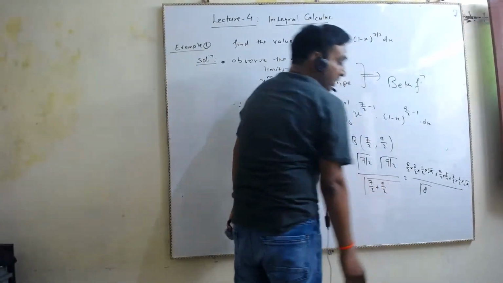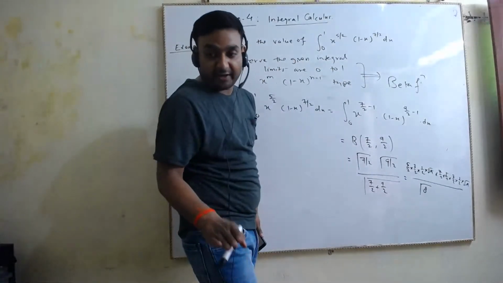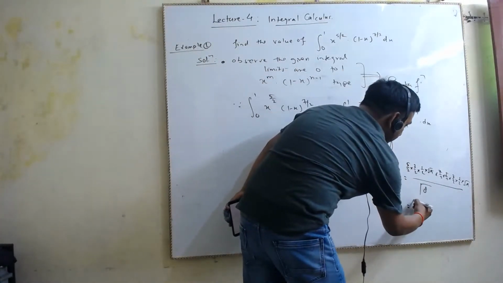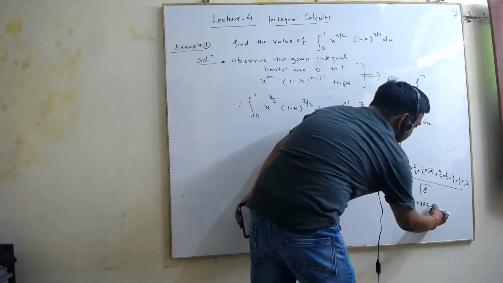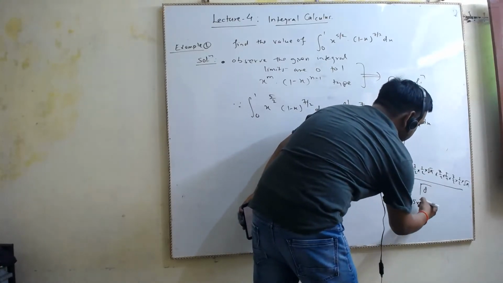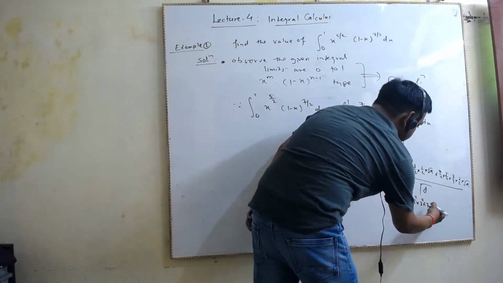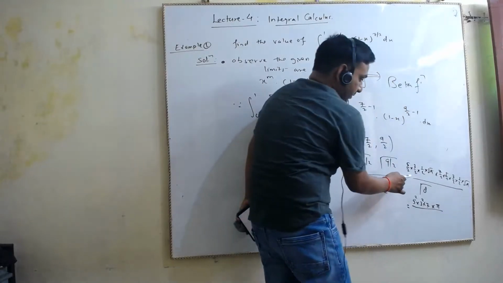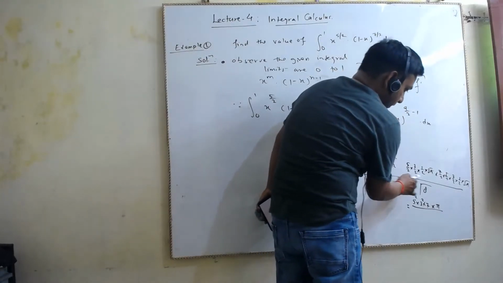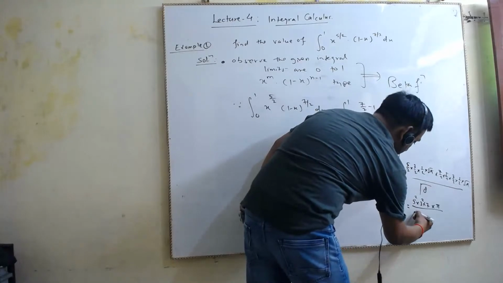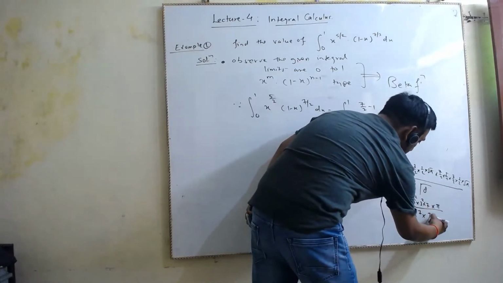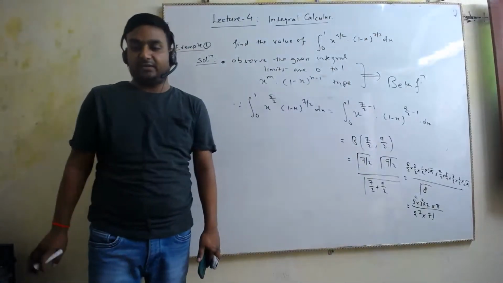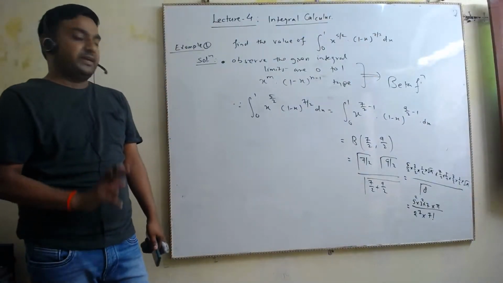So what will you write for the value of gamma 8? 7 factorial. Fair? So this will be 5 square, 3 square into 7 into pi divided by 2 to the power 7 into 7 factorial. If you want to further simplify, you can, otherwise leave it. Did you get the idea?